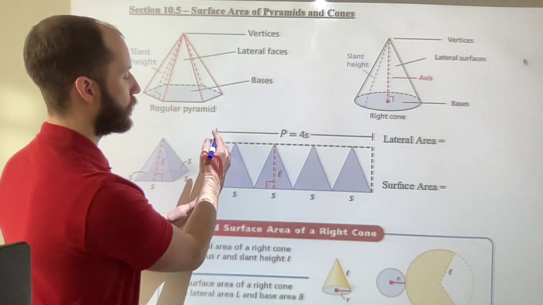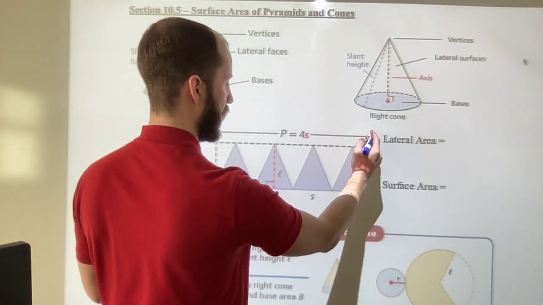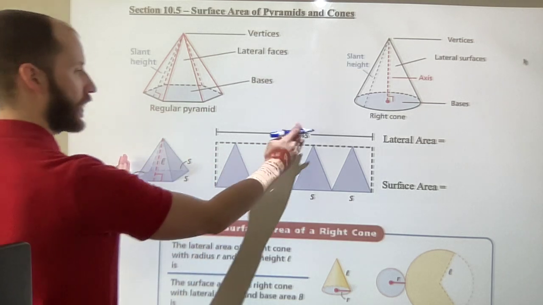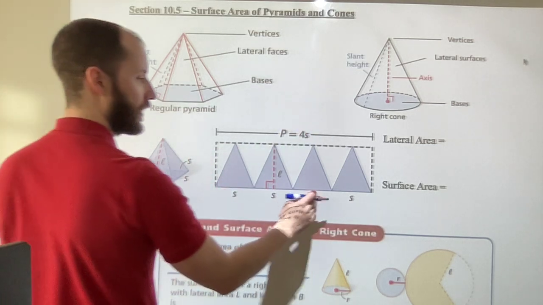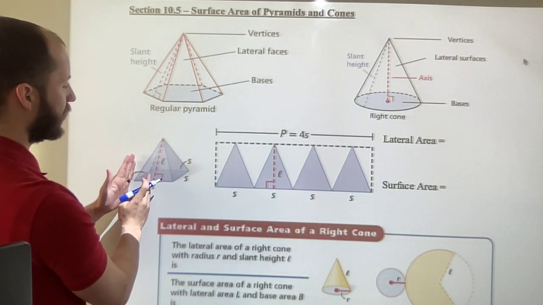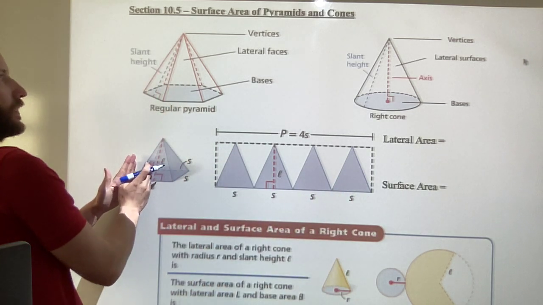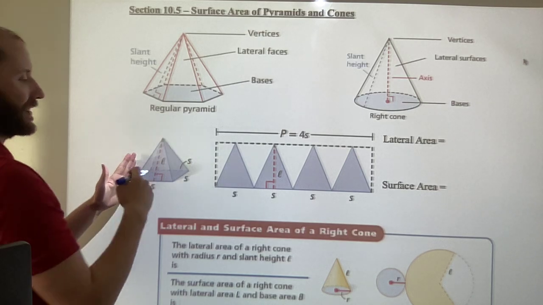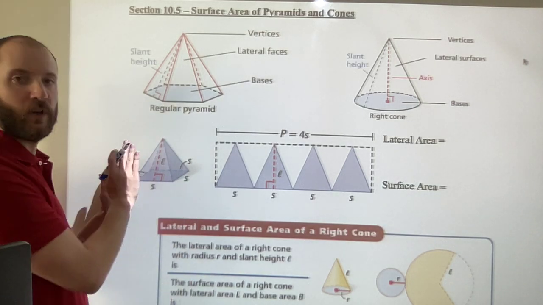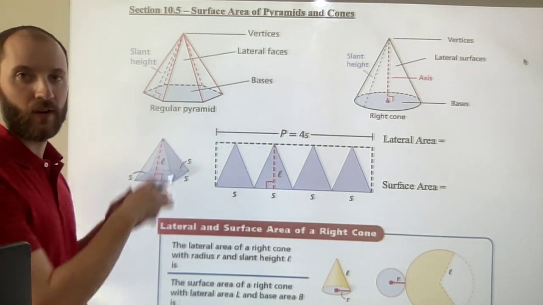So our perimeter around the base, 4 S's in this case, and then our lateral height, our slant height, we're going up the side of one of the lateral faces now.